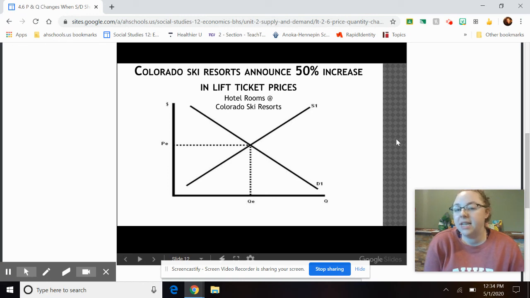If there is an increase in lift ticket prices, how is that going to affect ski resorts? Most people who go to ski resorts go to ski. If we increase the lift ticket prices by 50%, what is going to happen to the rooms? So it's going to be demand. Yes, it's going to be demand.